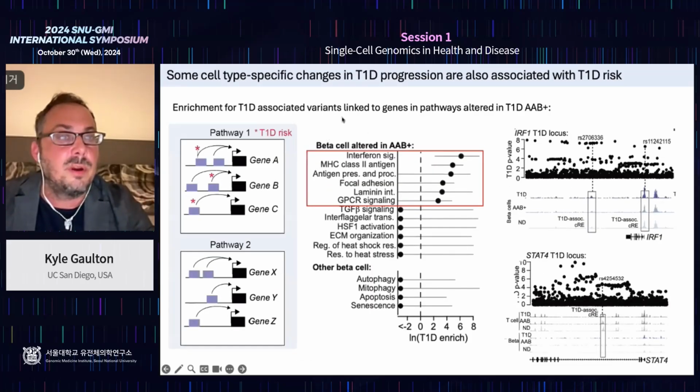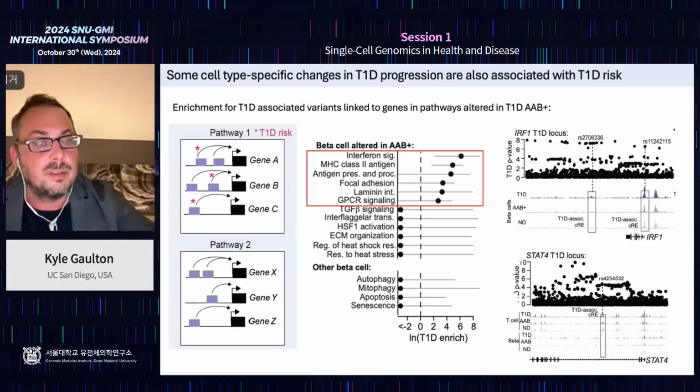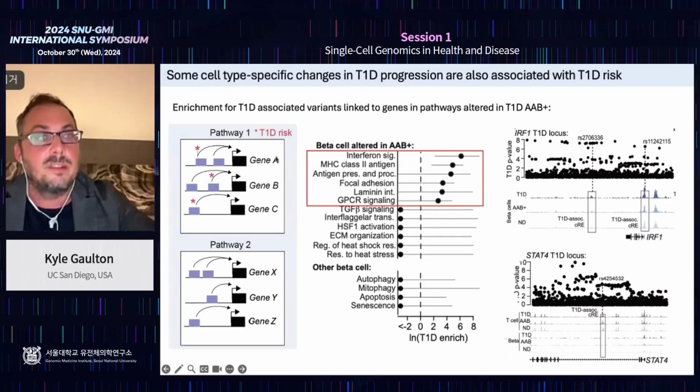Lastly, for this part, these are changes that we're observing in progression to disease, but we don't necessarily know which of these changes is causally involved in disease. And so again, this is where we use human genetic data to try to distinguish causal versus consequential processes.